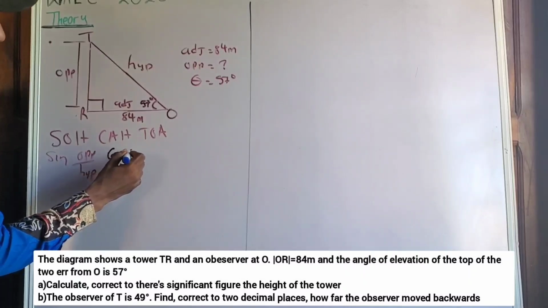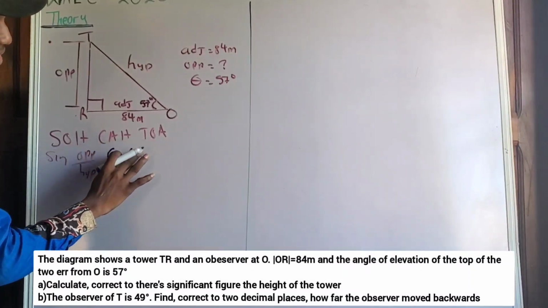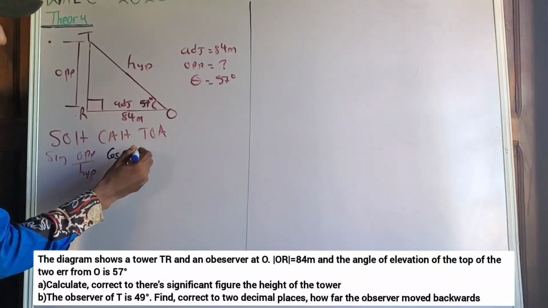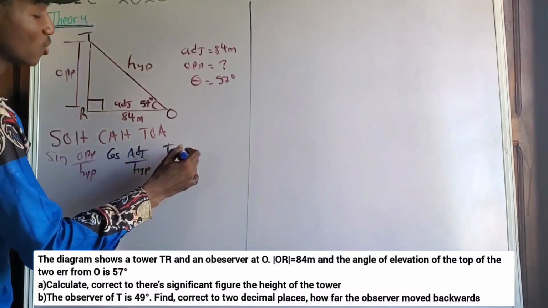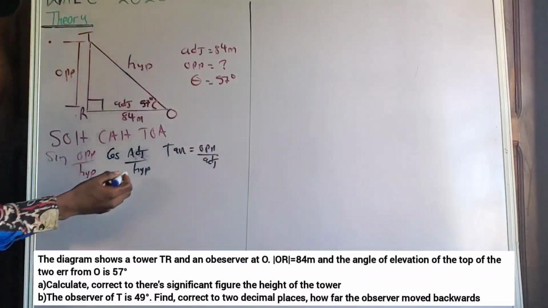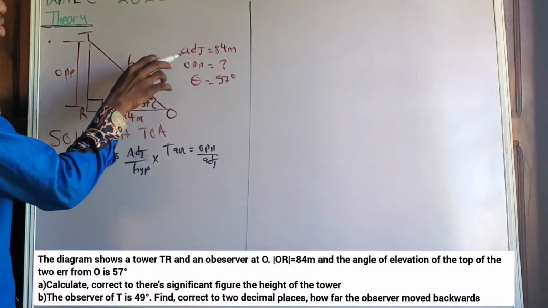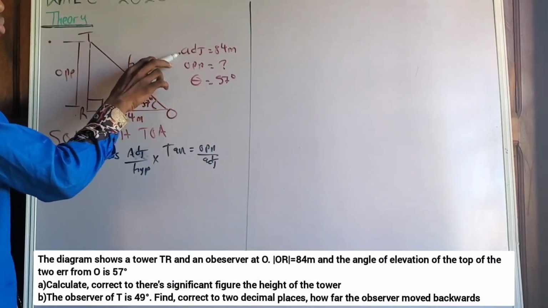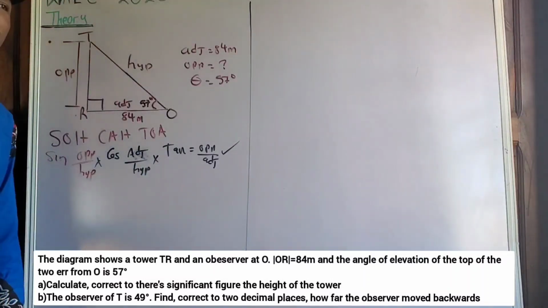Cos is adjacent over hypotenuse. And tan is opposite over adjacent. So we cannot use cos or sine, because we are given the adjacent and looking for the opposite. The right trigonometric ratio to use is tan theta.